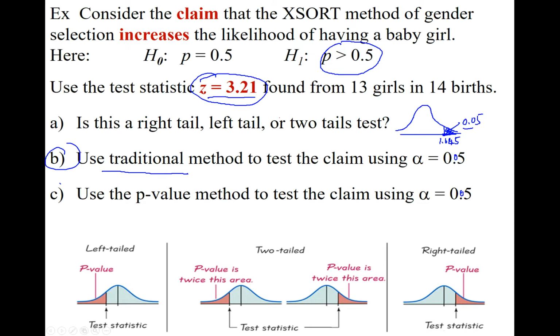Now after that, take a look at 3.21. Where's 3.21? This is 1.645. 3.21 is way out here, right?